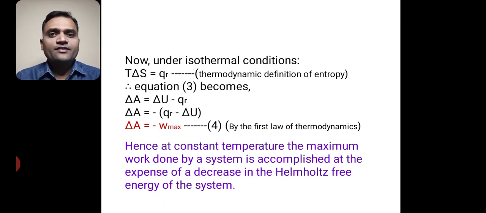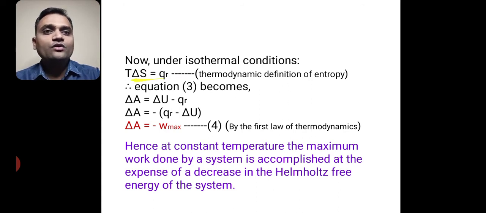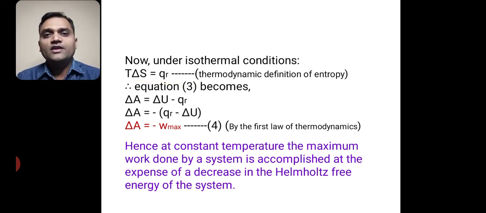Now see, an important point is there. Under isothermal condition, again we have a new equation, that is T delta S is equal to QR. This equation is nothing but the thermodynamic definition of entropy.